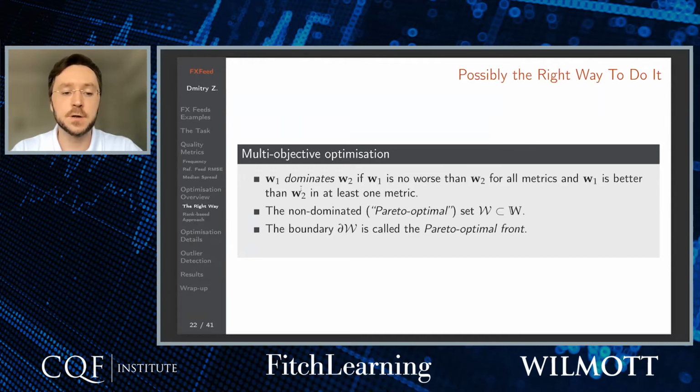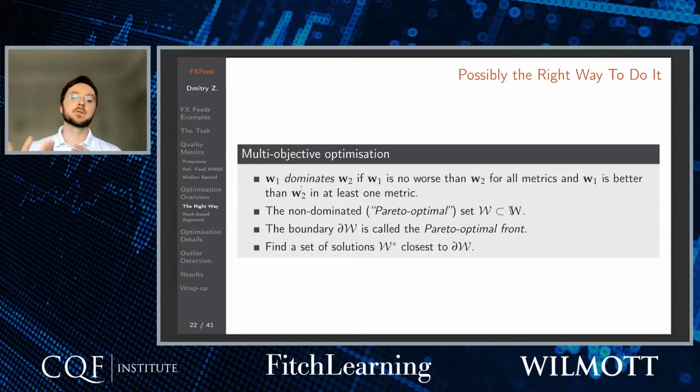Probably the right way to do it, and I'm going to skip it, is to work within the framework of modern portfolio theory-like optimization, if you will, where you have a particular manifold as a set of feasible solutions, and you then look for the set of optimal solutions, and then you somehow choose the optimal solution.